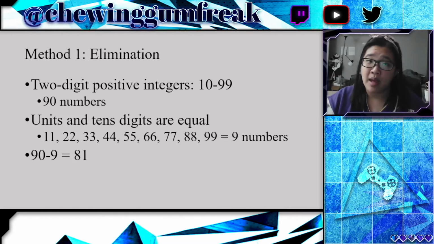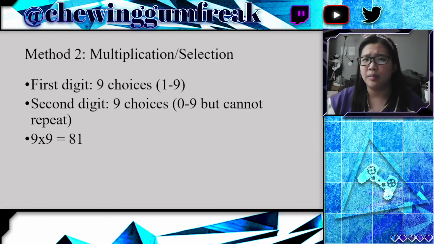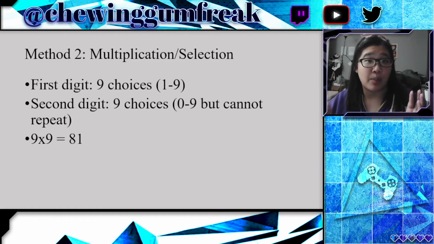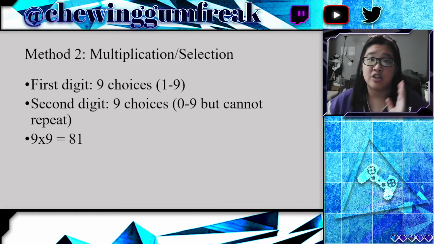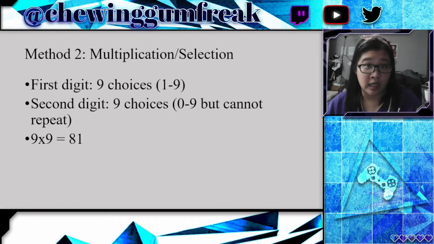Now, the second method, which is a little bit more logic-y, relies on multiplication and selection. So what happens here is you can think about each digit separately. We have the first digit, the tens digit. We have 9 total choices for that because the numbers for that can range from 1 to 9.